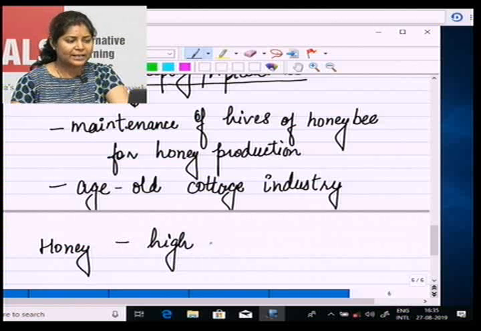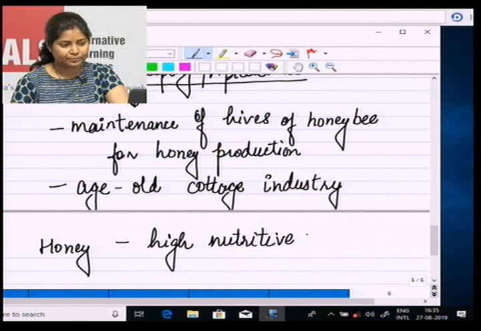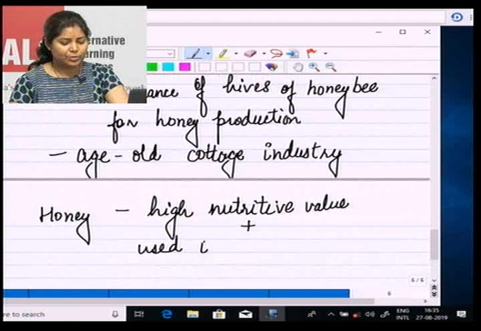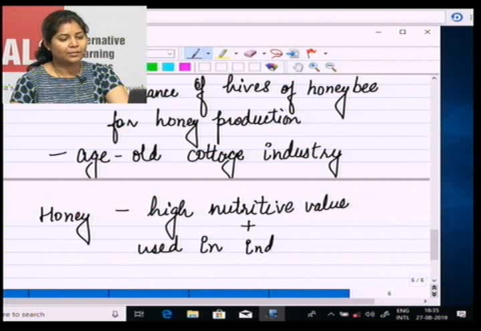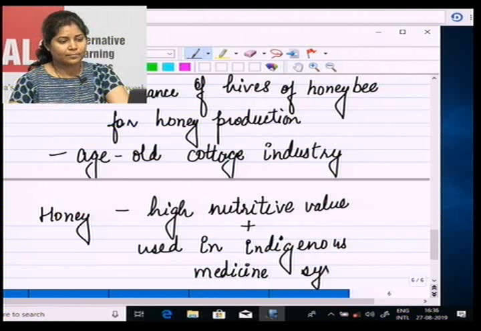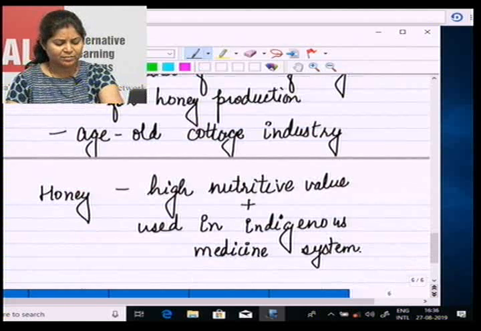Because honey is having high nutritive value, as well as it is used in the indigenous medicine system.